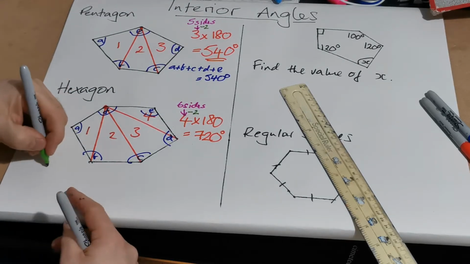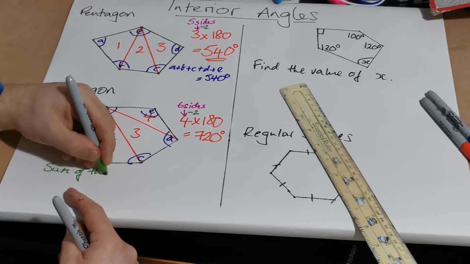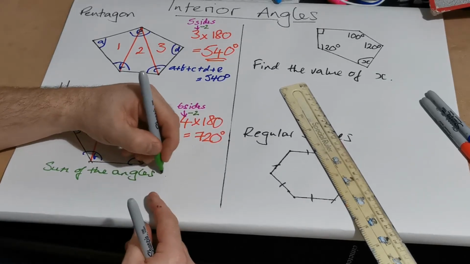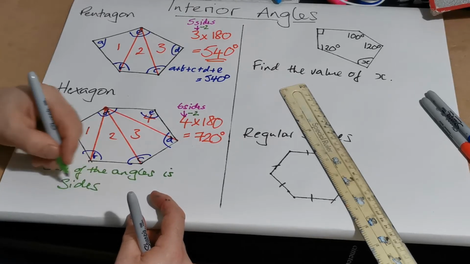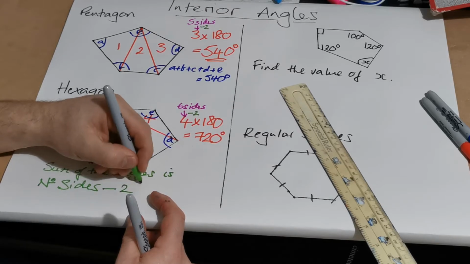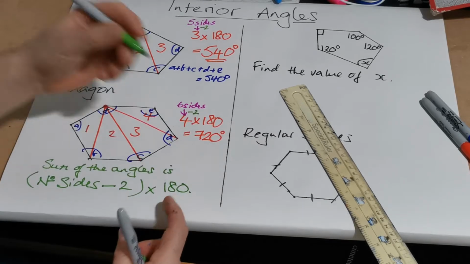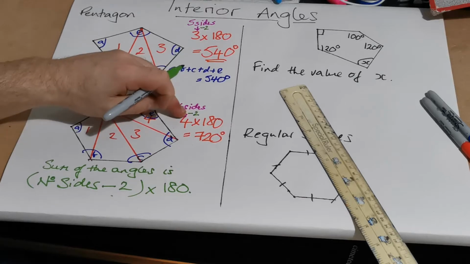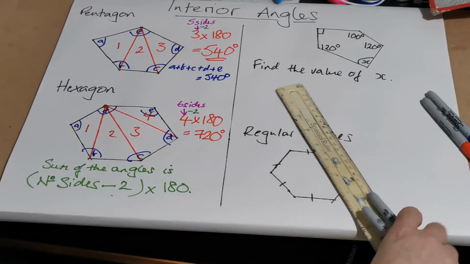So the sum of the angles, the total of the angles, is the number of sides take away 2, times 180. Because this is how many triangles you can fit in. Every time I took 2 off, and then times by 180 for the 180 degrees in every triangle.